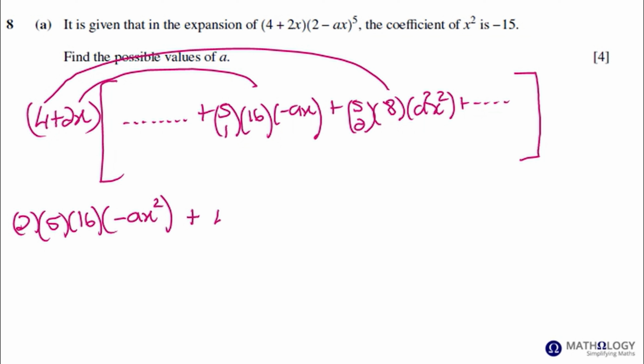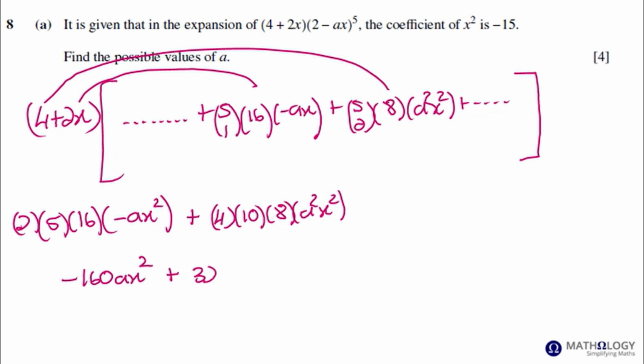So we're going to add 4 times 5 choose 2, which is 10, times 8a squared x squared. So just multiplying this all out, we have −80 times 2 is −160ax squared, plus 320a squared x squared.